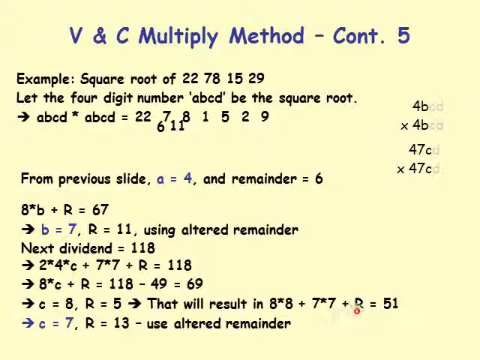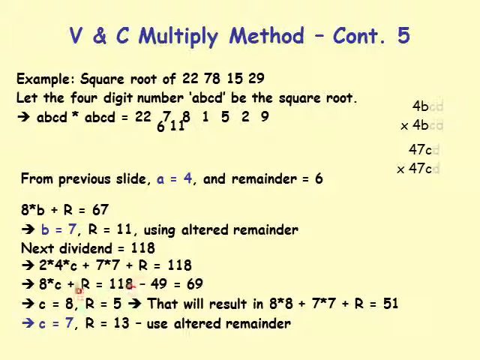Again, R would be negative, so we will backtrack right away and use a lower value for C and a higher remainder. Let's continue here. That means C is equal to 7 and R is equal to 30.